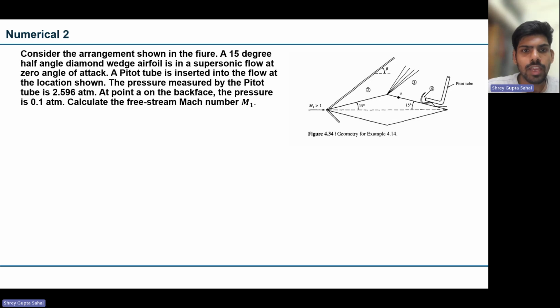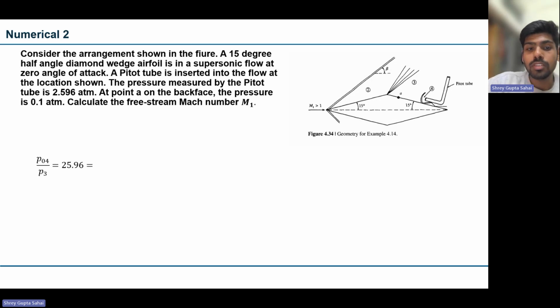So what relations do we have? Okay, the way we are going to do it is P naught 4 is known and P3 is also known, and that is 25.96.